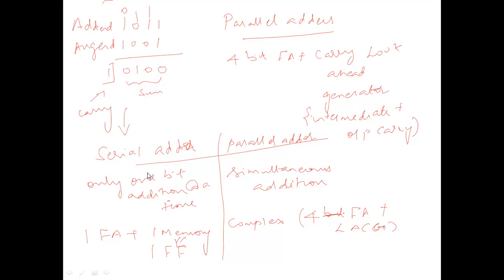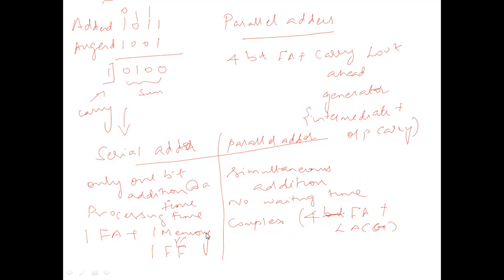So the difference between serial addition and parallel addition is, in parallel addition there is no waiting time, because once you give the input you will get the output. But in serial addition, processing time is there, so you need to wait for getting the output. In parallel addition you have as many full adders as there are bits, along with the look ahead carry generator.